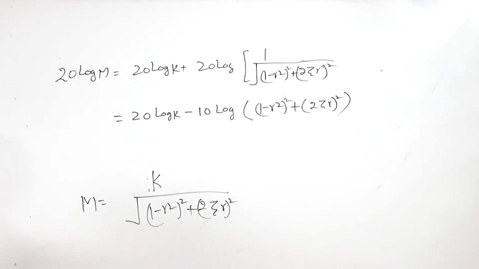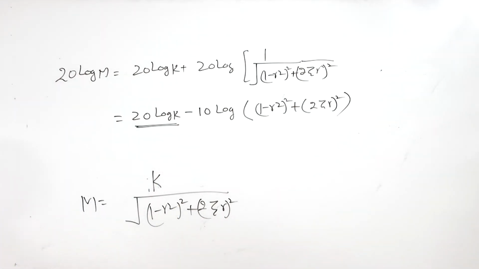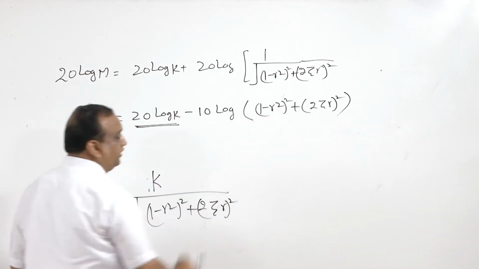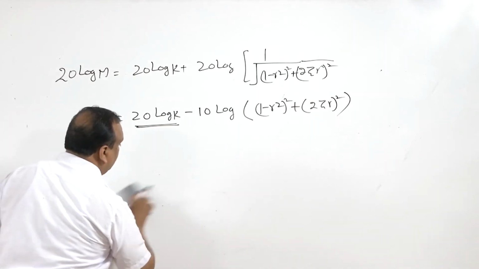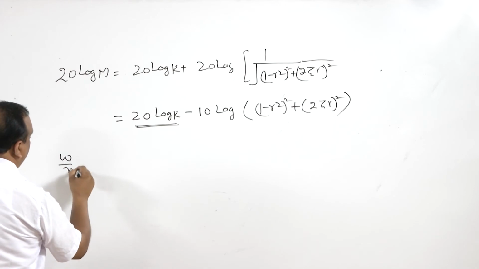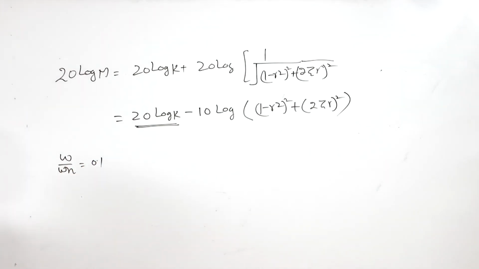Right. Now here in this case, if k is equal to 1, this is going to be 0. Now only this term will be remaining. Now again here we will start with omega by omega n equal to 0.1.